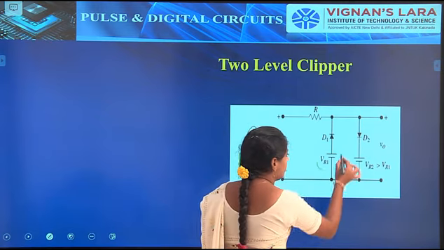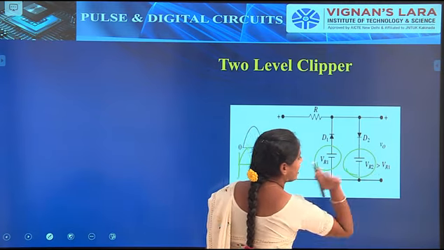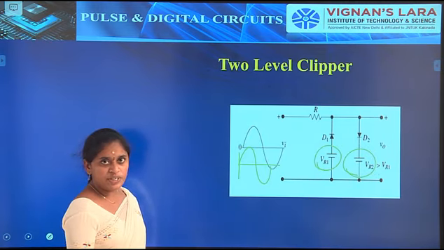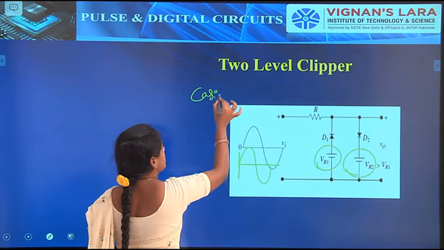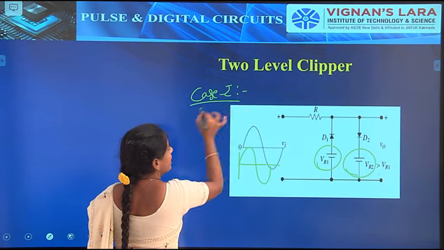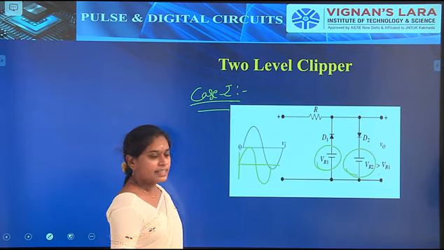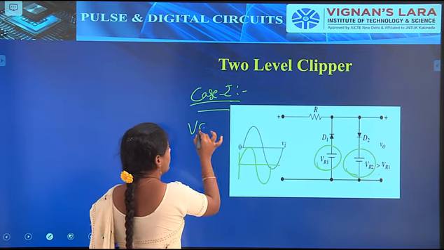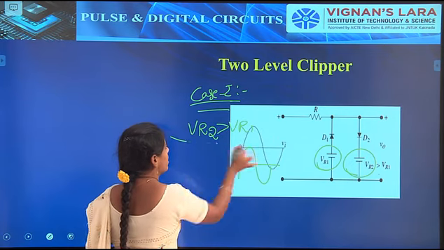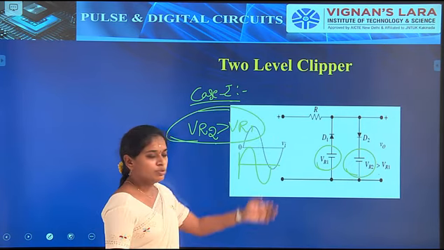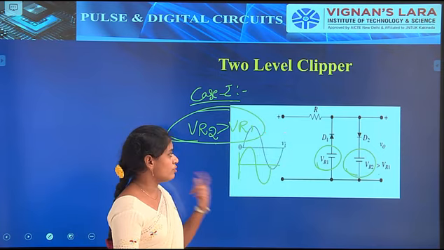In this example we take the condition VR2 greater than VR1. This is case 1: the reference voltage VR2 is greater than VR1. From this we have to check what the output condition is.